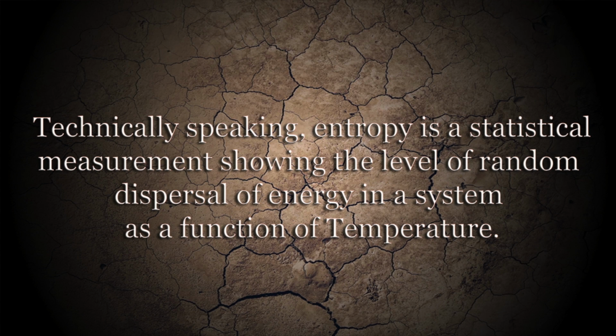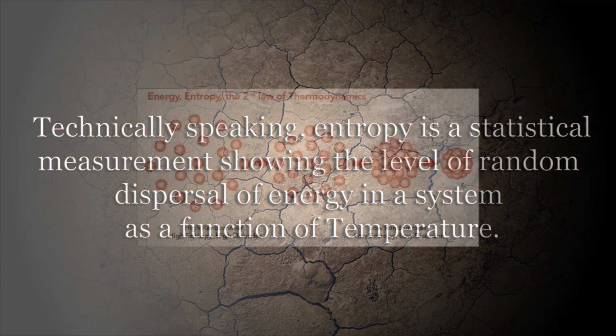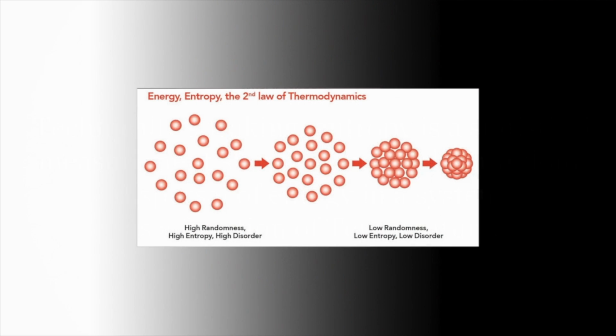Technically speaking, entropy is a statistical measurement showing the level of random dispersal of energy in a system as a function of temperature. But generally what we're interested in is the difference in entropy. We're interested in the entropic states in a system, whether it's gaining entropy or it's lowering entropy.